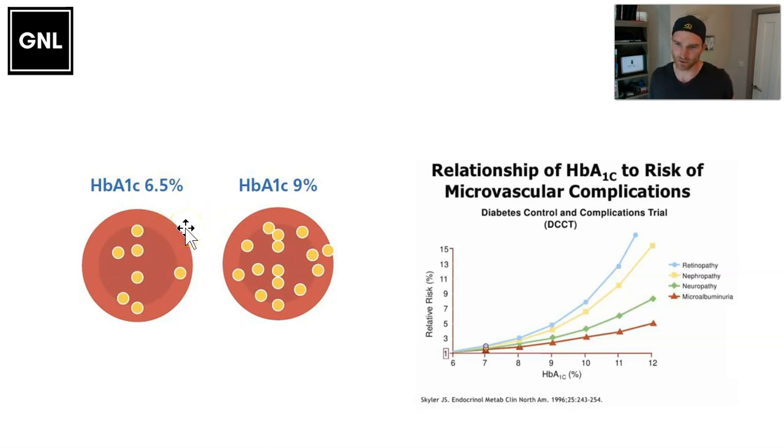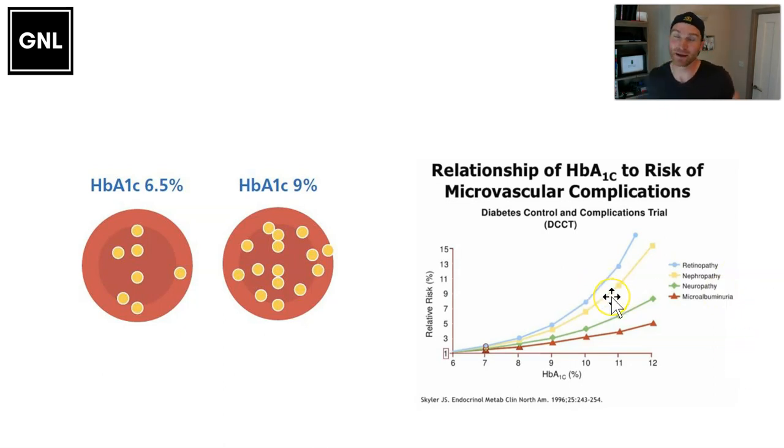And the reason why that's important is there's a famous trial called the DCCT trial, which followed people for 7 years. And it looked at, depending on where their HbA1c is, in 7 years' time, what was their risk of having retinopathy, eye problems, nephropathy, kidney problems, neuropathy, problems with sensations in your fingers and feet.